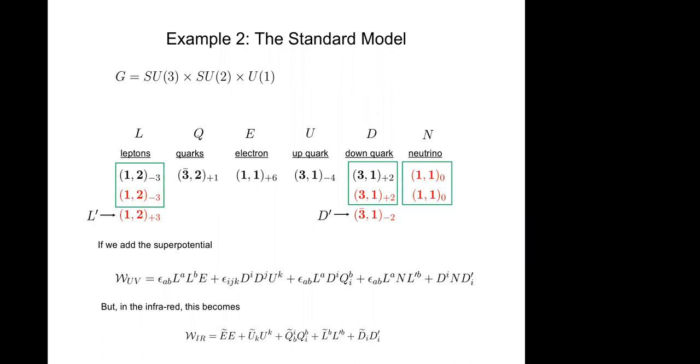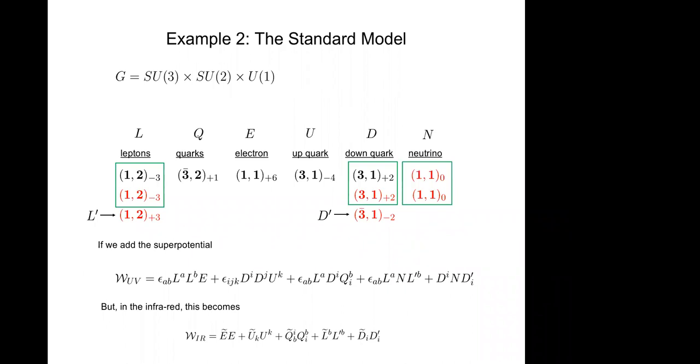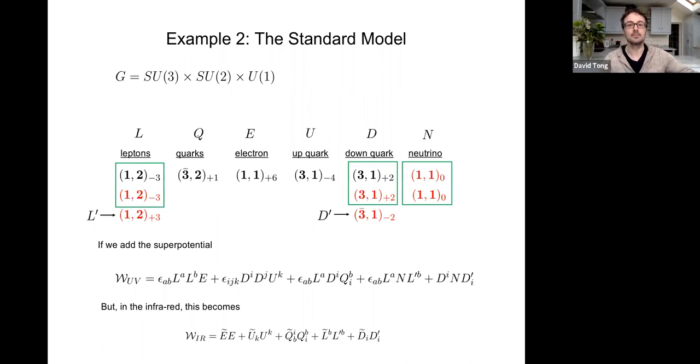But in the IR, in terms of the so-called composite degrees of freedom, you actually have a vector-like theory. That's right. That's exactly right. You are matching the theory correctly so that from the IR perspective, it looks like exactly vector-like. That's exactly right. Yeah.